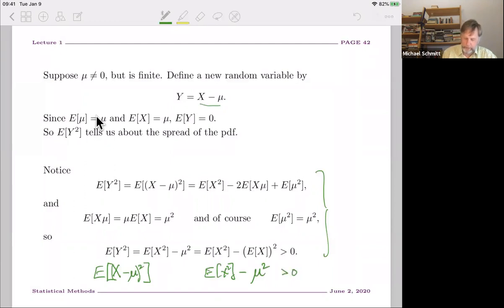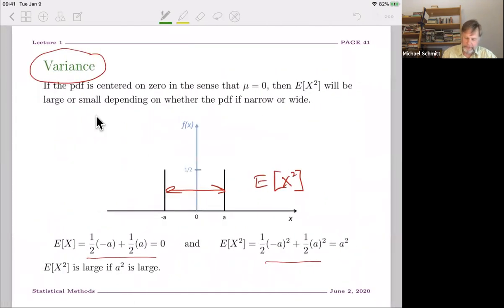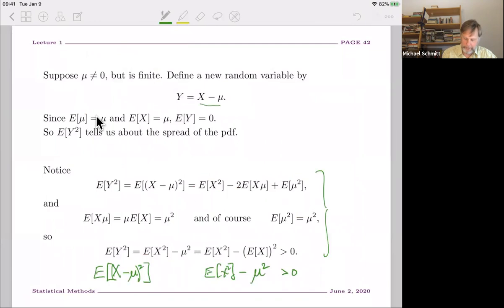It's only equal to 0, in fact, if your PDF is just a delta function at 0, which is very boring, so we won't worry about that.